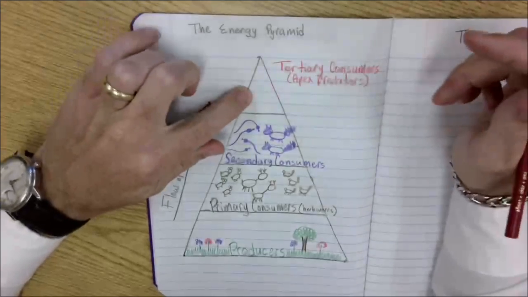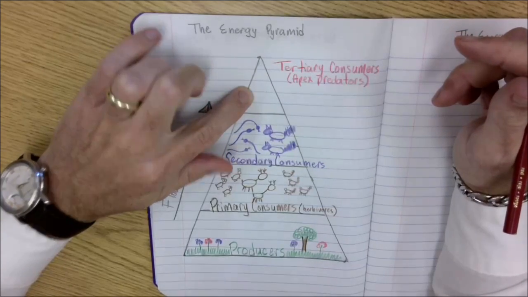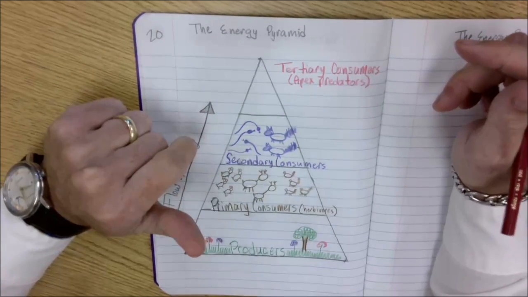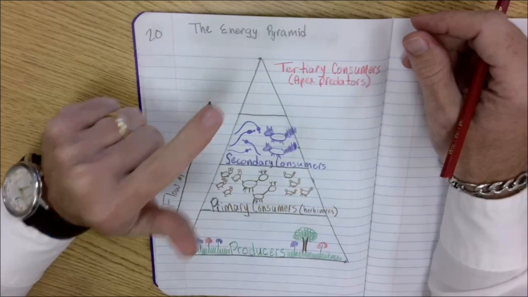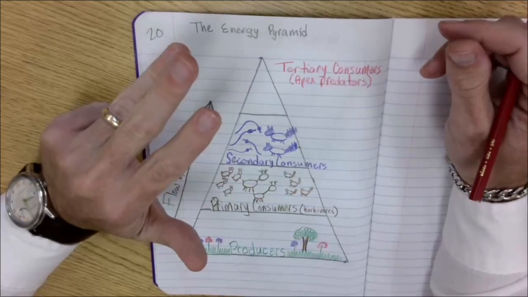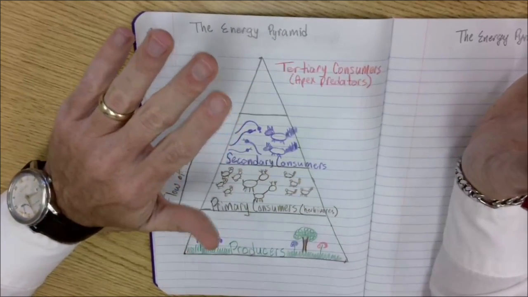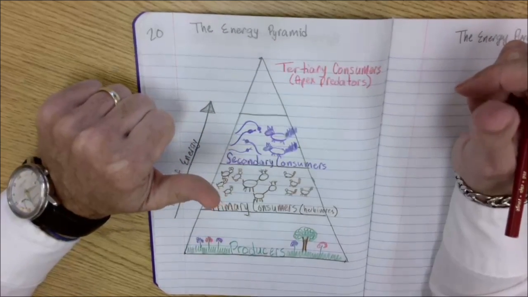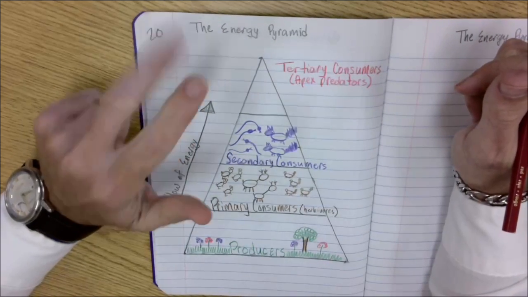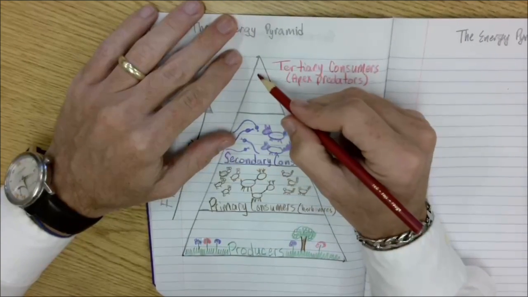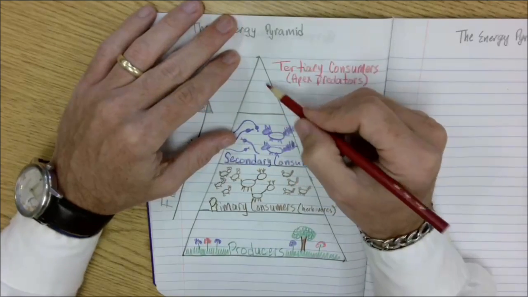A couple examples of apex predators, tertiary consumers: bears, lions, jaguars, tigers, polar bears, bald eagles, hawks, owls, anything that is a true predator.